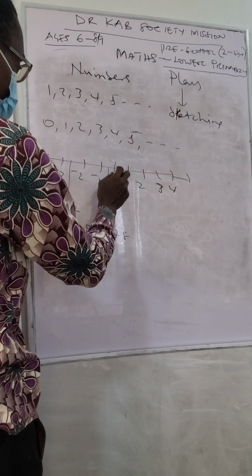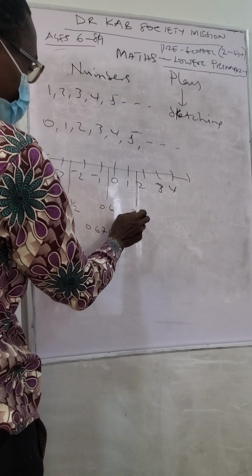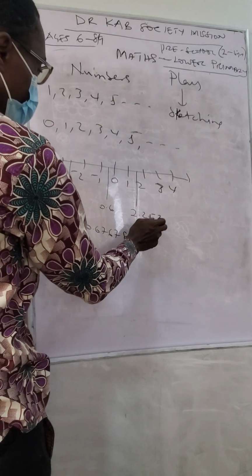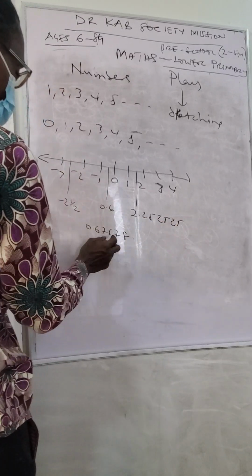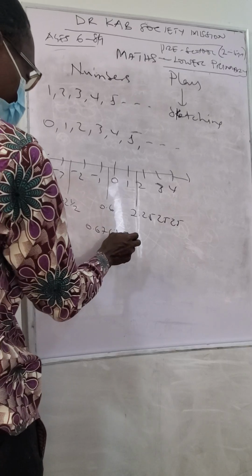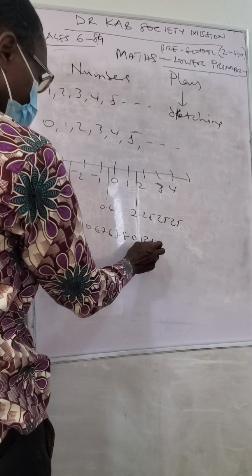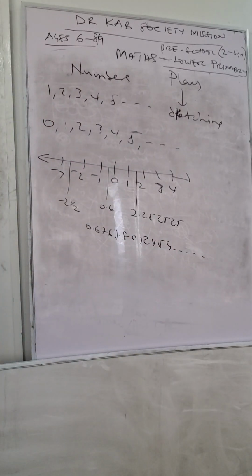Maybe you can have one here, maybe you can put it here, 0.2525 and so on. But this one we can't put in there: 671012459. This is going on and on. Okay? So this is the kind of numbers that we can have.